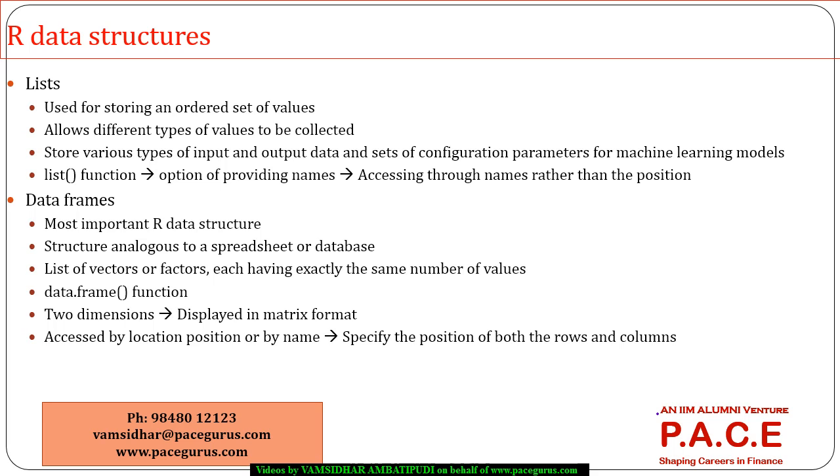Then the other structure that you need to be comfortable with is a list, especially for storing an ordered set of values. We would be seeing at a later point that the output of the majority of the machine learning models that we are creating will be stored in the form of a list itself, because a list actually allows different types of values to be collected.